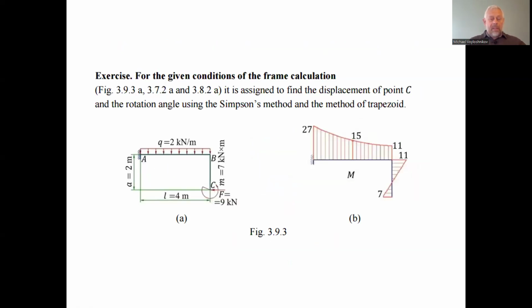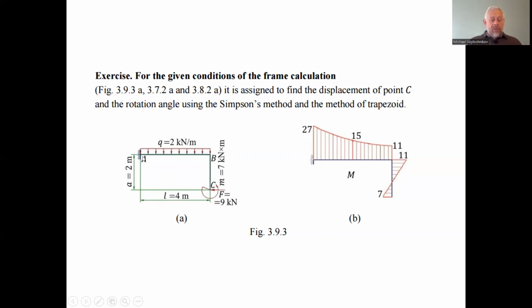Okay, and the exercise. We have the mechanical system, a frame embedded at point A and having two elements AB and BC. At the end of element BC, at point C, we have applied a bending moment equal to 7 kilonewton by meter, and a concentrated force horizontal, leftward, equal to 9 kilonewton.